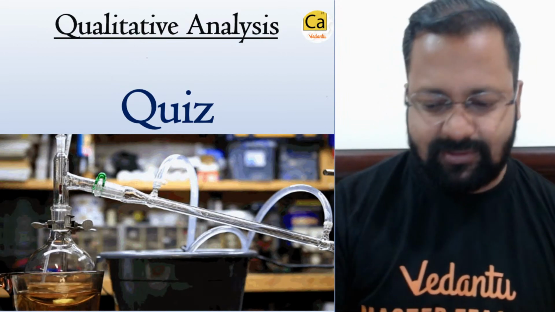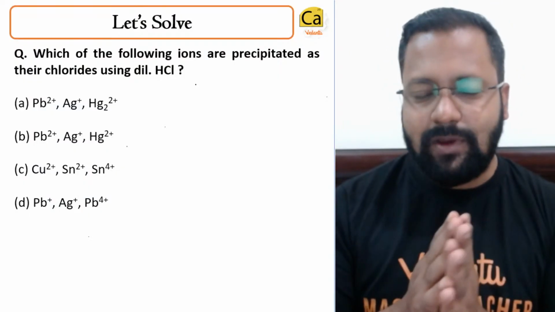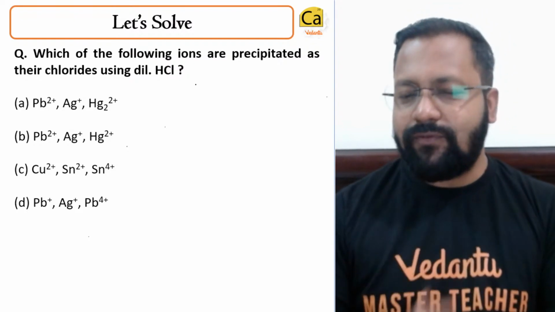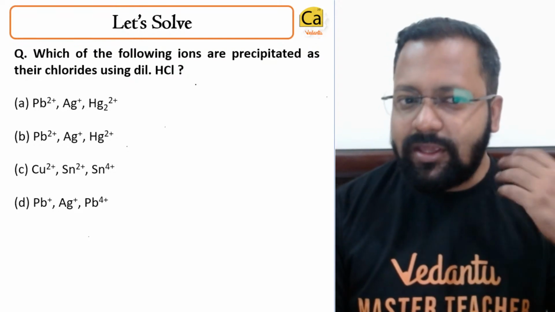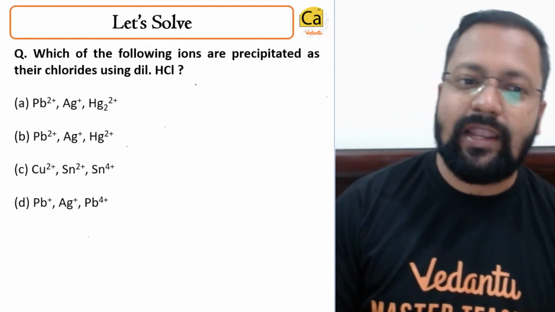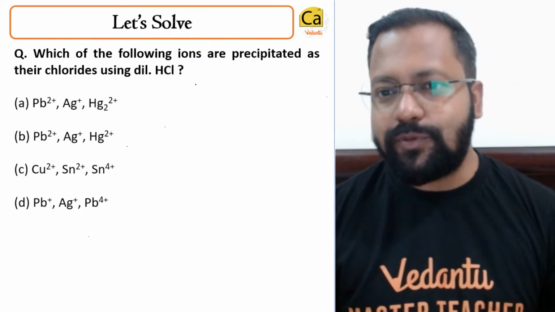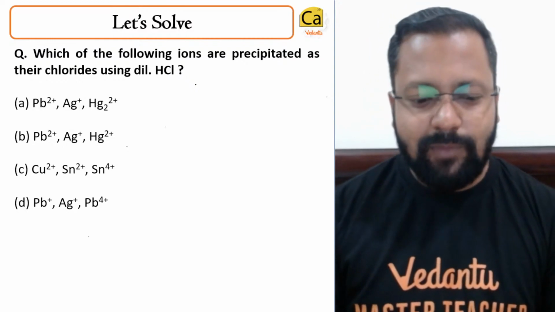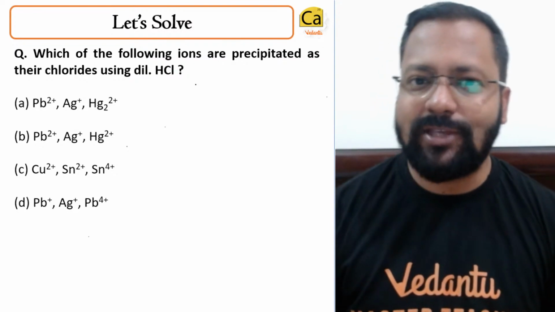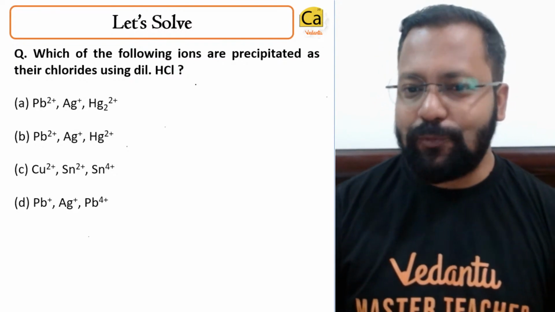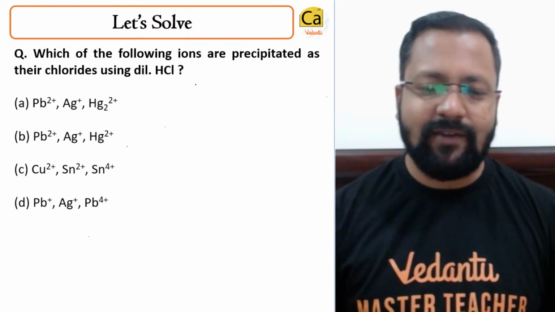Our first question is: which of the following ions are precipitated as their chlorides by using dilute HCl? Look at the options very carefully, because these options are slightly confusing.